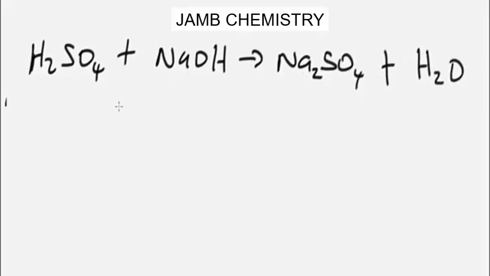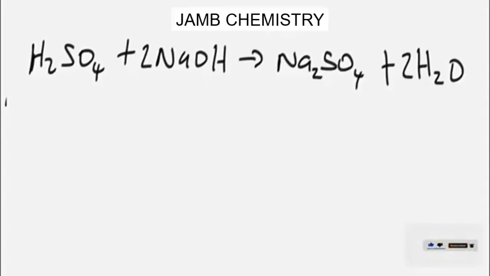This is a neutralization reaction. Here we have 2 moles, and here we have 2 moles as well of water. Now feel free to pause this video and see if you can figure this out. Show that there is conservation of mass using the first example we just solved together. Follow the same procedure as in the same example.